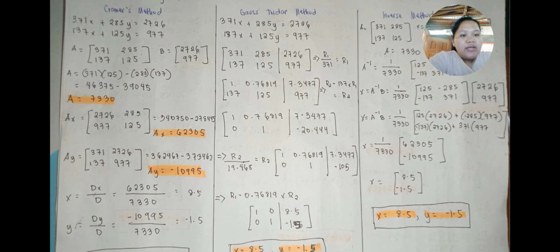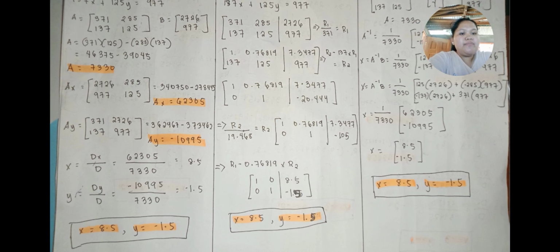So we have now a smaller amount of numbers. So row 1 minus row 1, column 2 times row 2. So it results to 1, 0, 8.5. So it is diagonal into 1. So the remaining numbers would be 8.5 and negative 1.5. So we have now the answer. X is equal to 8.5, y is equal to negative 1.5.